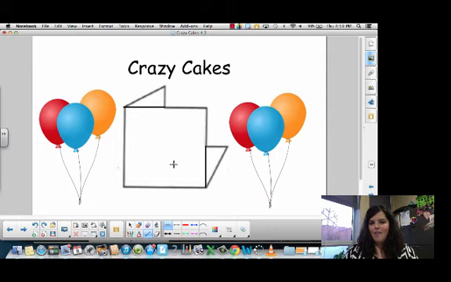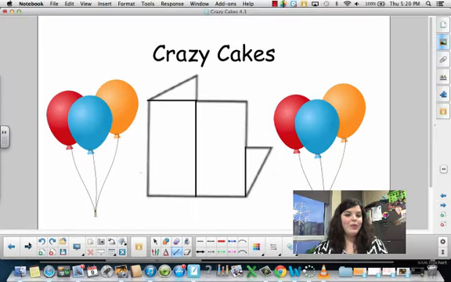Does that help you at all? I hope so. Hopefully you see that this is still a rectangle underneath there. And by drawing my line right down the middle, each person is going to get a rectangle piece of cake as well as a side triangle.